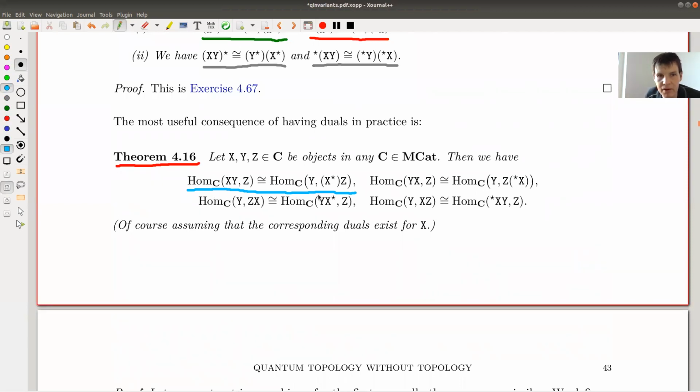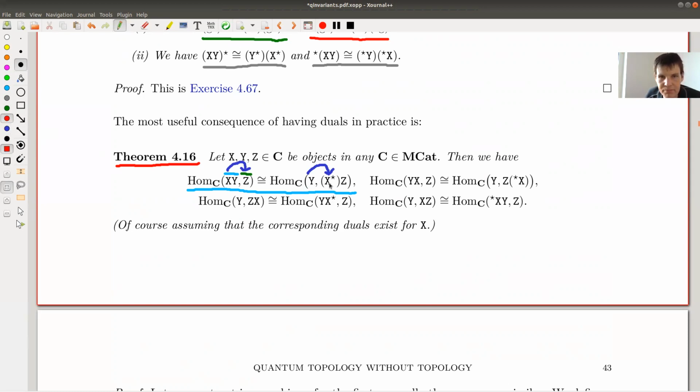So let's look at the blue one. So Hom from x to y, Hom x, y to z is the same as you can pull x to the other side. Okay, I've pulled x from here to here, and the only thing I need to do is put the dual in the right place, right?